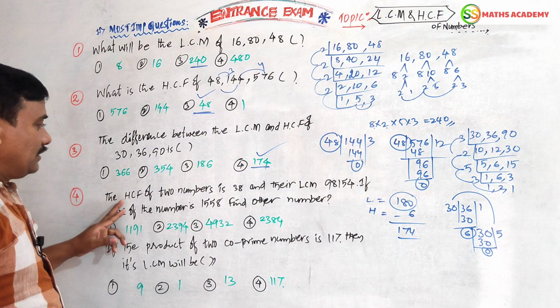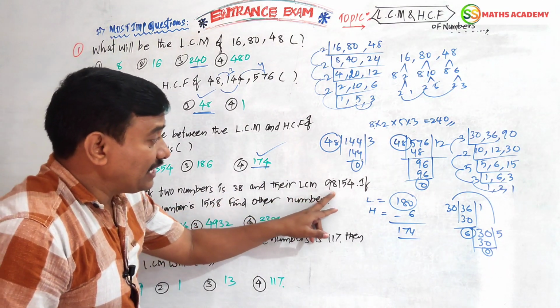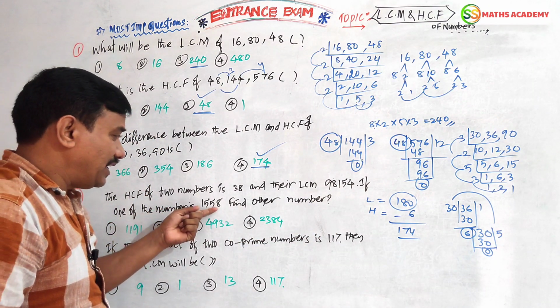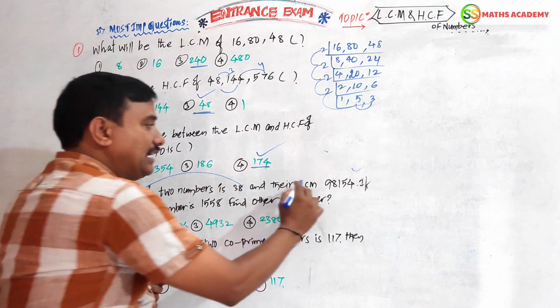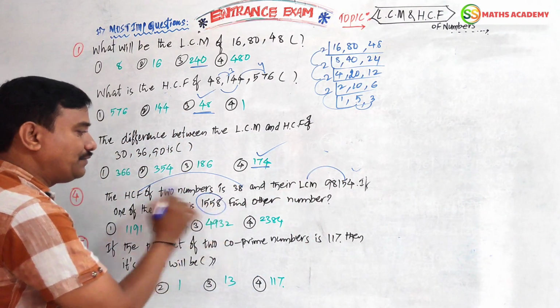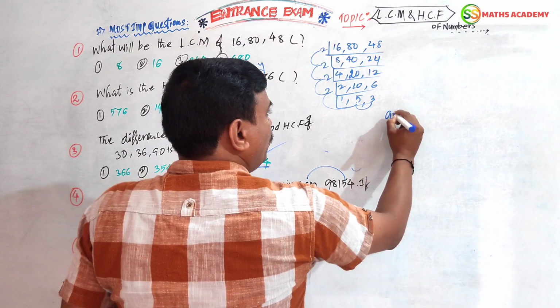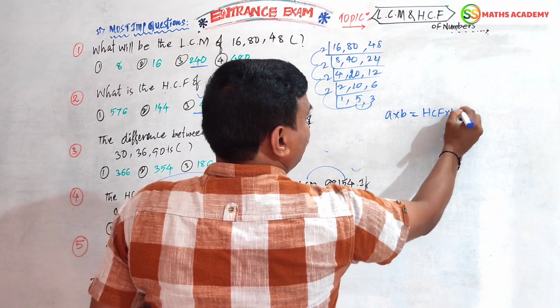Next, the HCF of two numbers is 38 and their LCM is 98,154, and one of the numbers is 1558. Find the other number. HCF is given, LCM is given, one number is given. Other number means B. The formula, I told you, is A into B equals HCF into LCM.